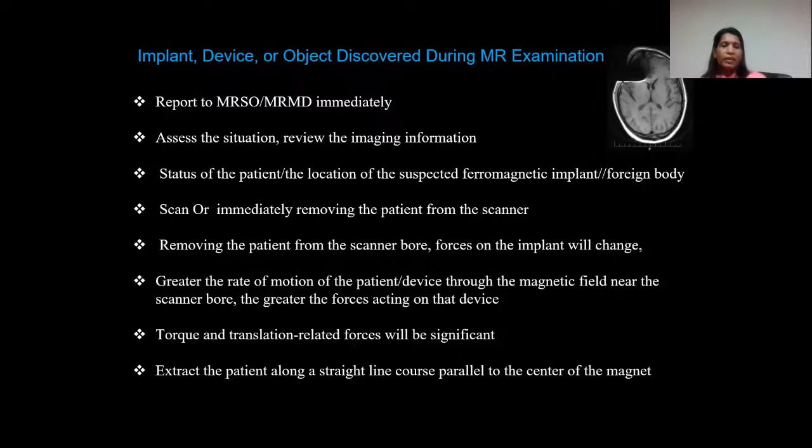Never ask the patient to sit up while they are near the scanner. Just immobilize the patient and shift the patient in a straight line parallel to the center of the magnet. Otherwise, the hazards will be greater when you try to lift the patient or quickly take the patient out.